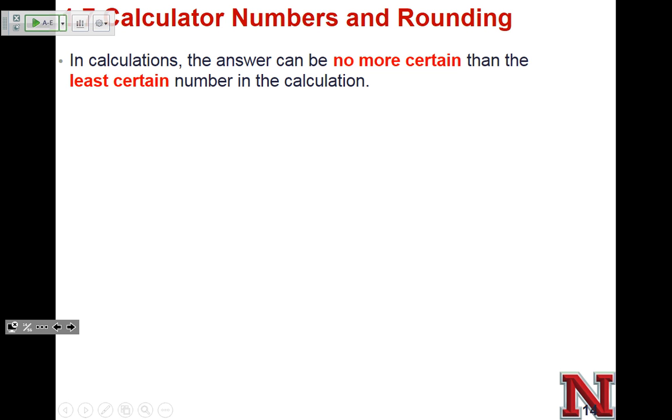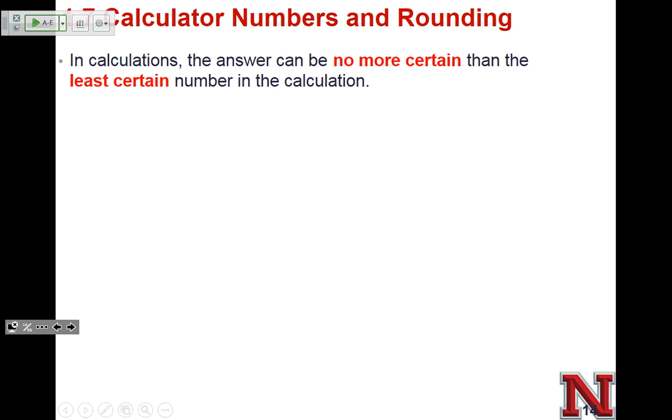So if I have a ruler and I'm only measuring to a certain decimal point with that ruler, I can't report a number past that decimal point of my least certain measurement because I don't know what that number is. My ruler was only up to 0.2. It wasn't up to more than 2 decimal points.